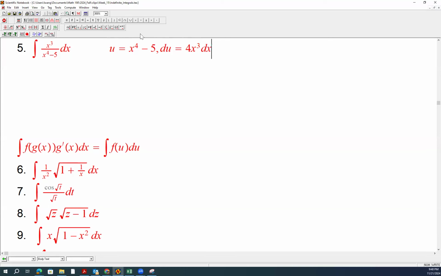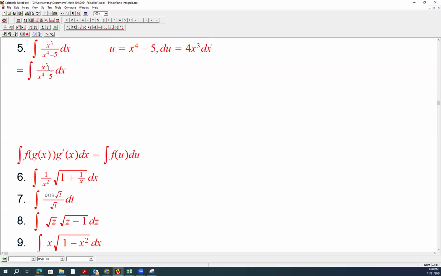So I'm going to show you. x raised to the power 3 dx, I'm going to bring this with dx, and this needs to be substituted by something.